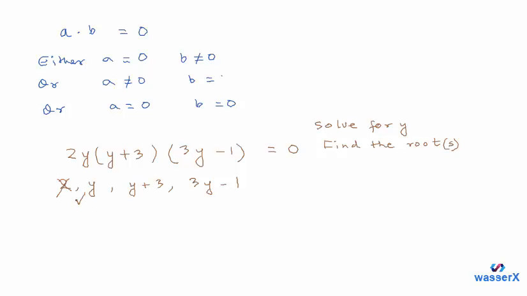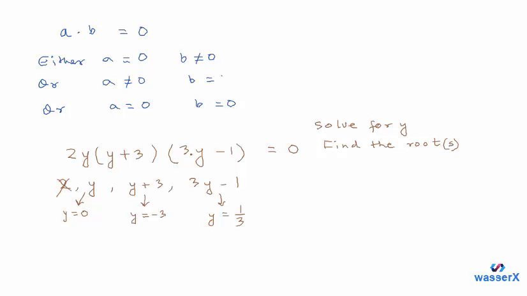Now either y is equal to 0 or y plus 3 is equal to 0, which obviously means y is equal to -3. Or 3y minus 1 this factor could also be a 0, which means 3y is equal to 1 or y is equal to 1/3.